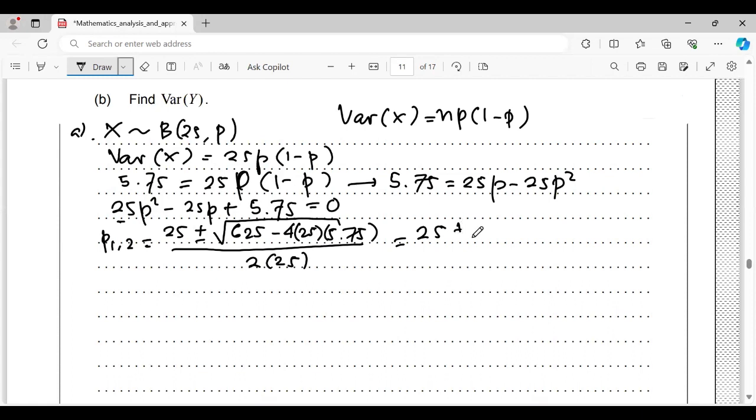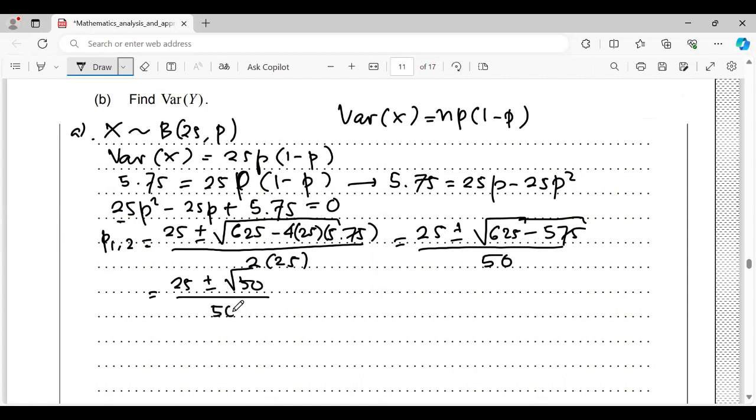That becomes 25 plus or minus square root of 625 minus 575, over 50, which is 25 plus or minus square root 50 over 50.